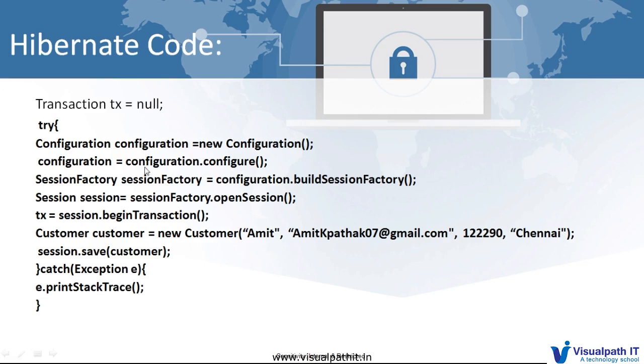After that we call the build session factory method through the configuration, and once we call it, the session factory object is created. Once the session factory object is created, we are not going to utilize this configuration; there is no longer any use of it.